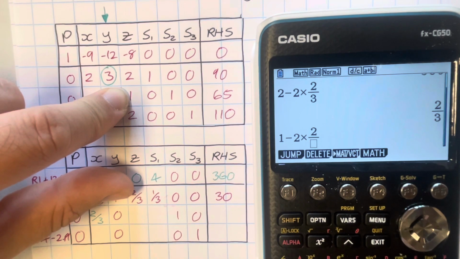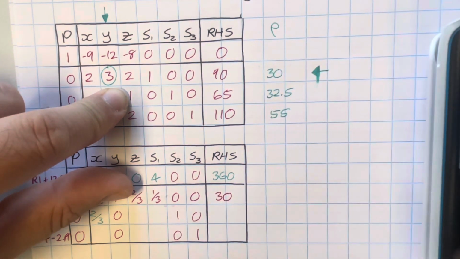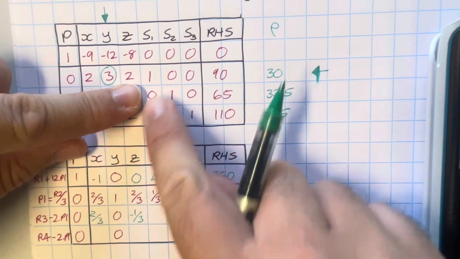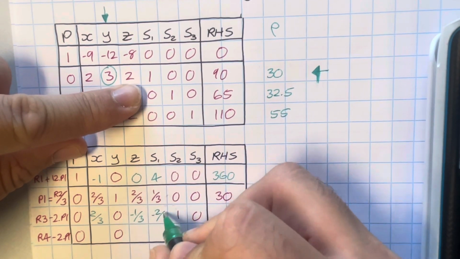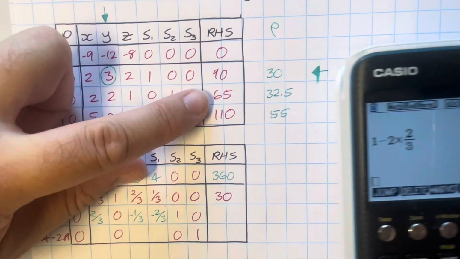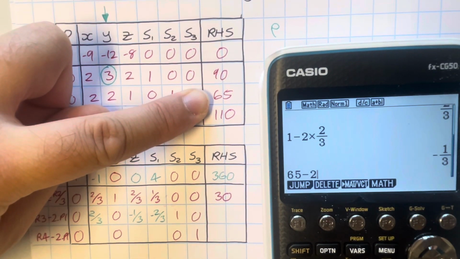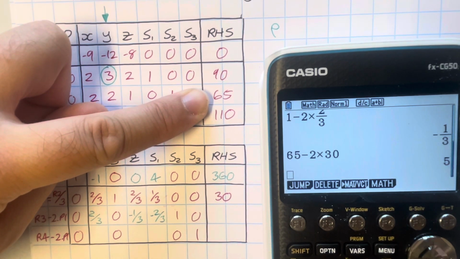So that's going to be negative 1/3. And I've got 0, subtract 2 times 1/3. And then I've got 65, subtract 2 times the pivot entry, 30, just 5.